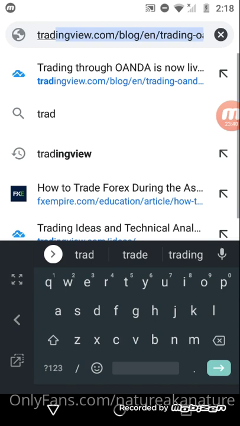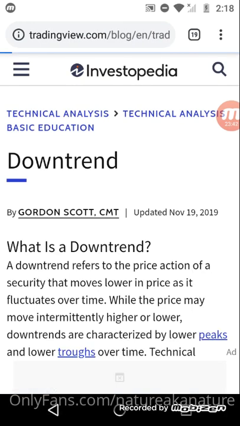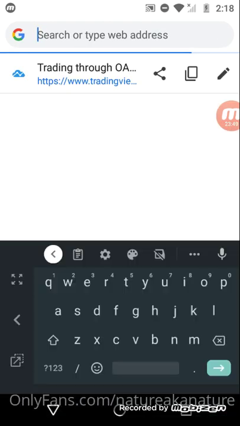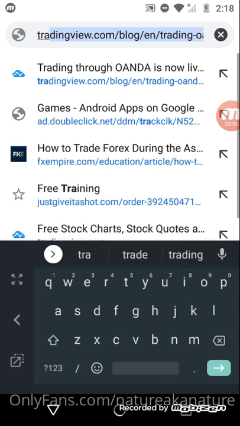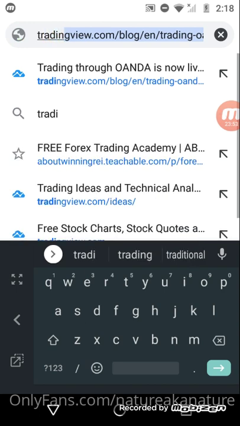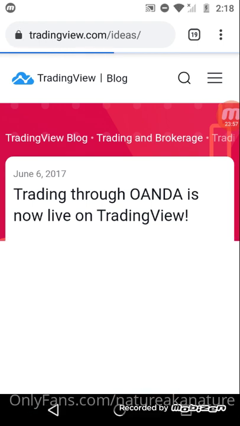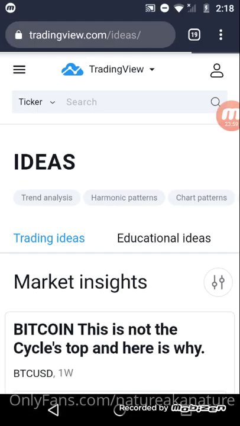I also go to the news for ideas right here. Go to the news, and it tells you what's going on about different stocks, Bitcoin. This is tradingview.com, free. You can also look at your charts on here, like charts for stocks or forex.